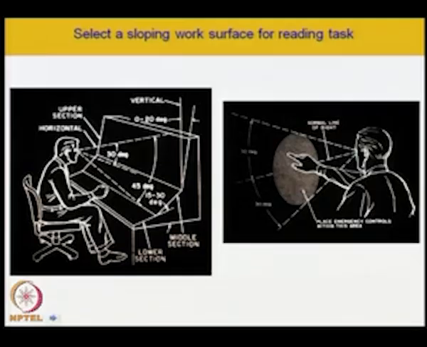Now, when we see some objects like that, select a sloping work surface for reading tasks and so on.